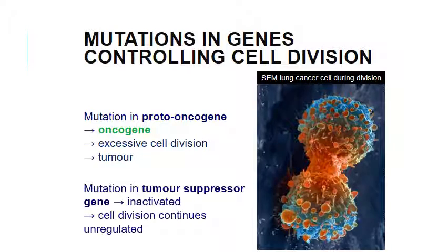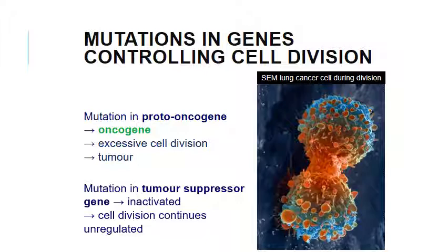A mutation to a tumour suppressor gene leads to that tumour suppressor gene becoming inactivated. So usually a tumour suppressor gene would slow down the rate of cell division as a way of regulating that cell division.